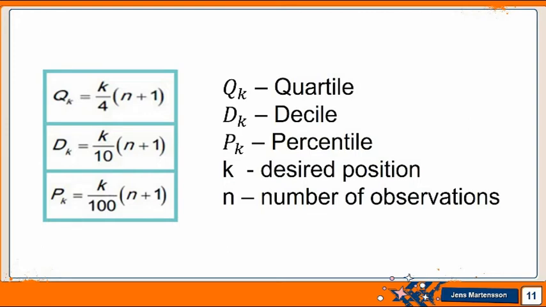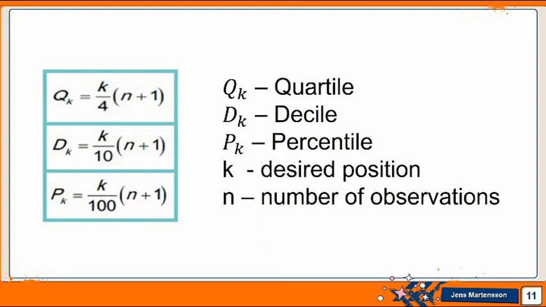So, if you are going to get the quartile, your K will be 1, 2, and 3. If you're going to look for the decile, then your K should be 1 up to 9. And if you're going to use P of K or percentile, you're going to use up to 99 for your desired position.